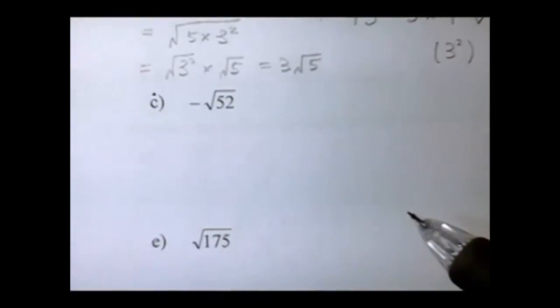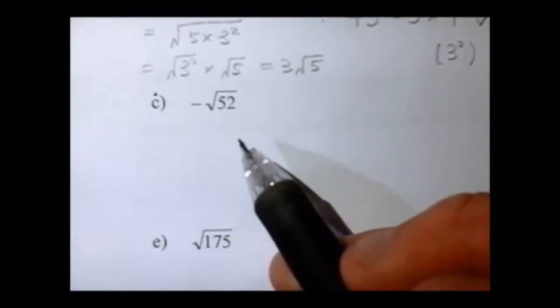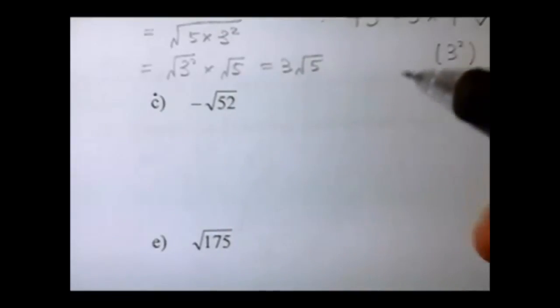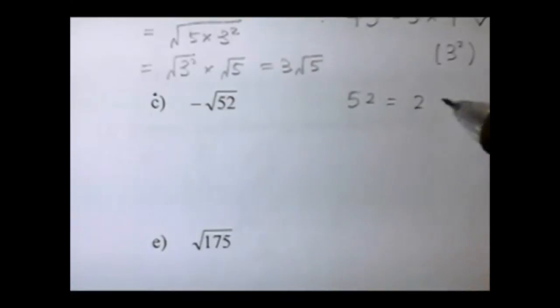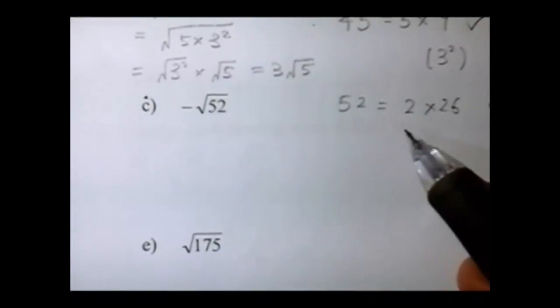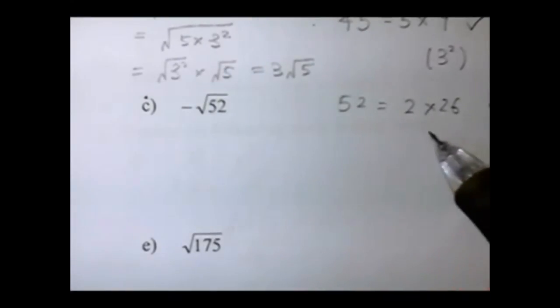In question C, you want to simplify this root 52. Consider that 52 can be divided by 2. It can be written as 52 is equal to 2 times 26. However, 2 is not any number's square, and 26 is also not any number's square.